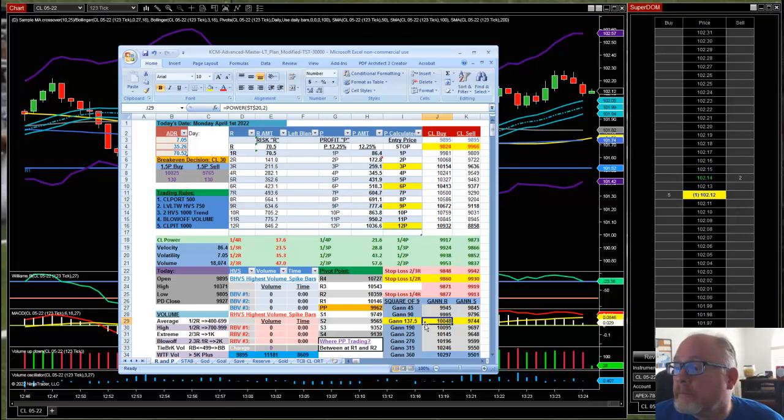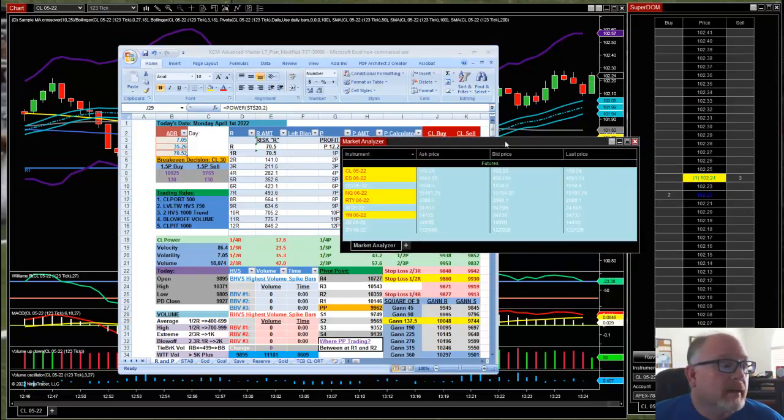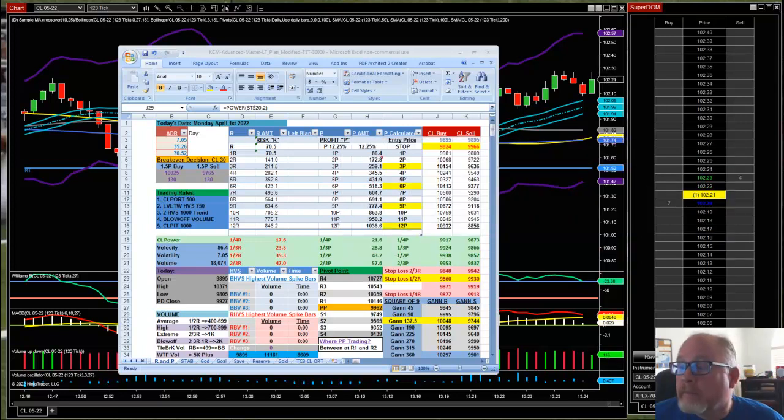How far is it up today? Not sure. I have to find that. I was looking at my market analyzer and I don't see it. I can see last price, but this color scheme sucks. Have to work on that.